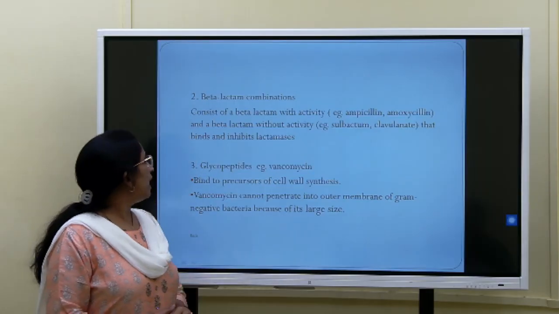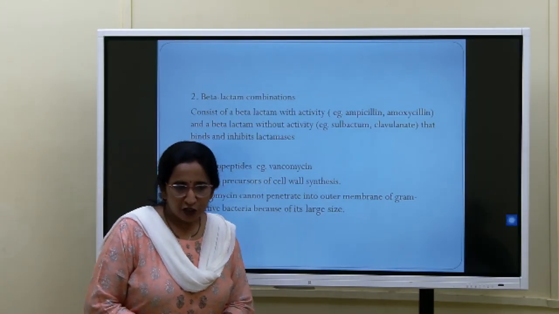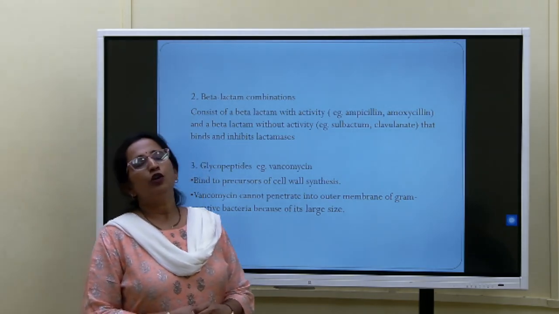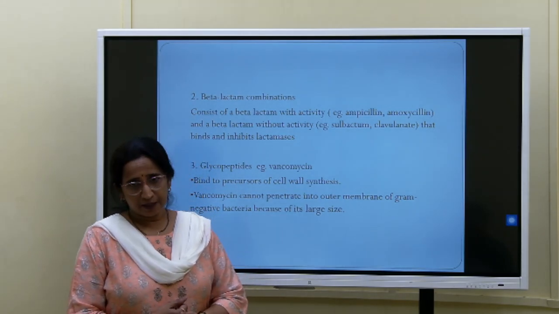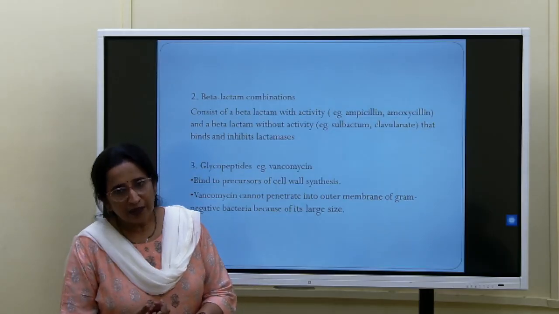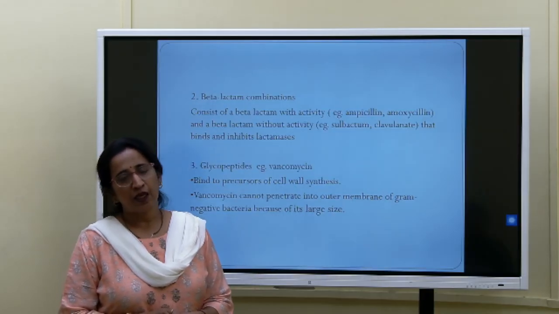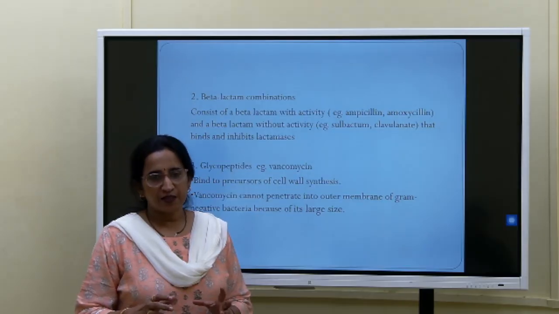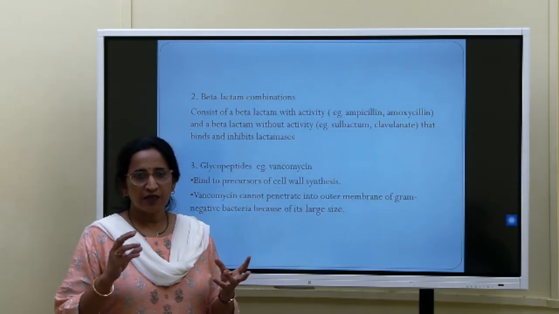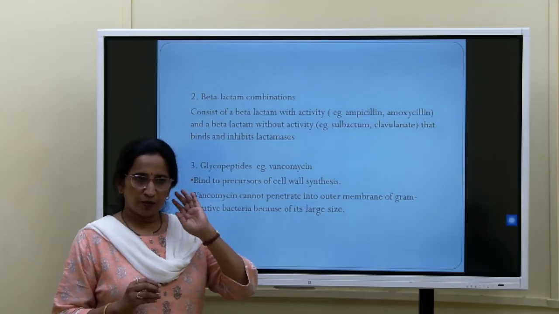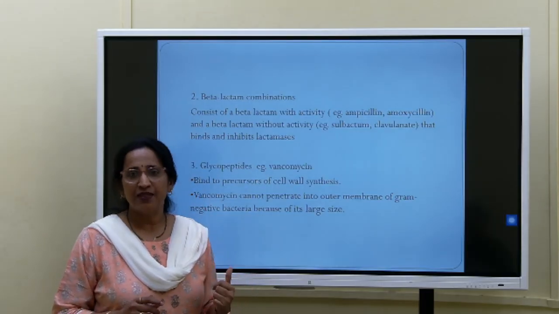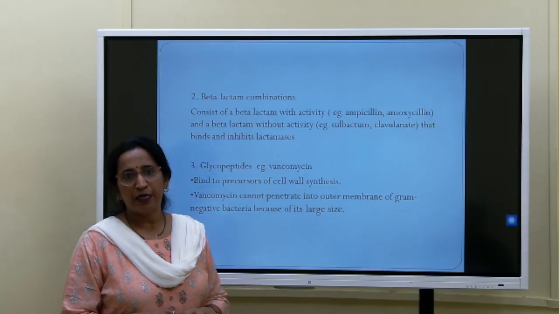The next group are the beta-lactam combinations. Now we all are aware of antimicrobial resistance, and one of the important categories of antimicrobial resistance in bacteria are those bacteria which make beta-lactamases. Beta-lactamase is an enzyme which breaks the beta-lactam ring of penicillins, that is of the beta-lactam antibiotics.